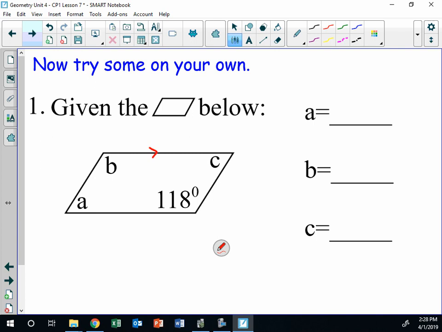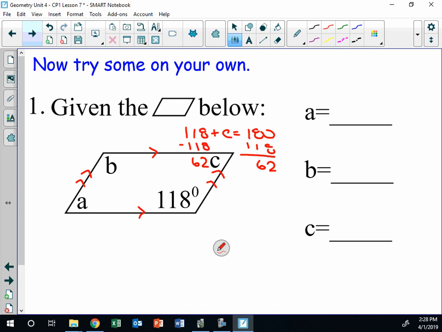So if we have a parallelogram, and that's one thing that we need to know in order for these properties and conjectures to be true, then we can start looking at the consecutive angles, knowing that 118 plus C equals 180. Subtract 118 from both sides, and we get 62.